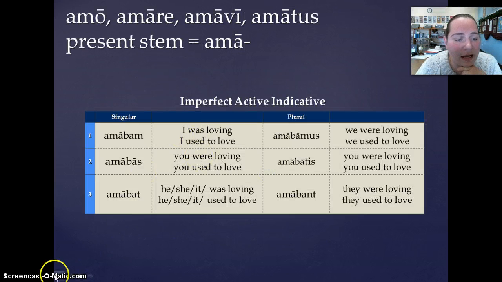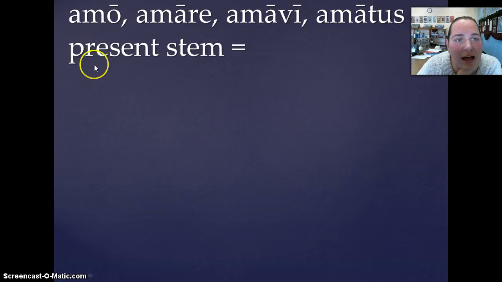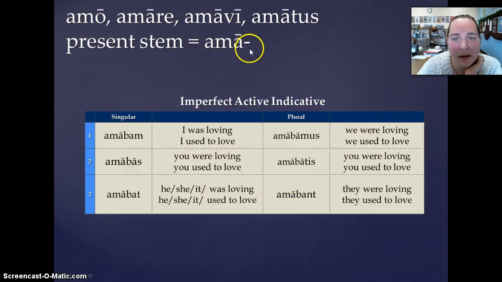Our first conjugation verb: amo, amare, amavi, amatus. For the present stem, remove the RE from the second principal part, which gives us ama, and to that we add bam, bas, bat, bamus, batis, bant. So amabam: I was loving, or I used to love. Either one is a perfectly suitable translation of the imperfect.